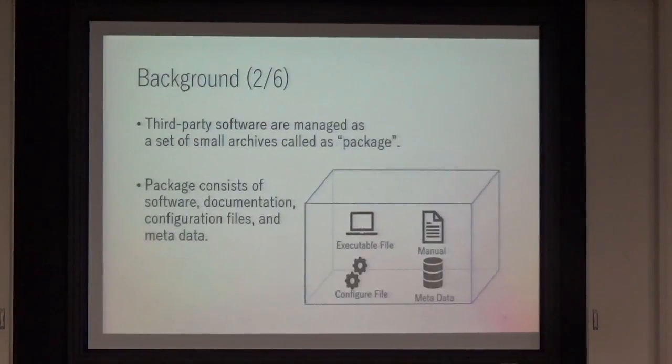But third-party software is not contained in the source tree. Third-party software is managed as a set of small archives called packages, where a package implies a container which consists of software, documentation, configuration files, and this package's metadata.